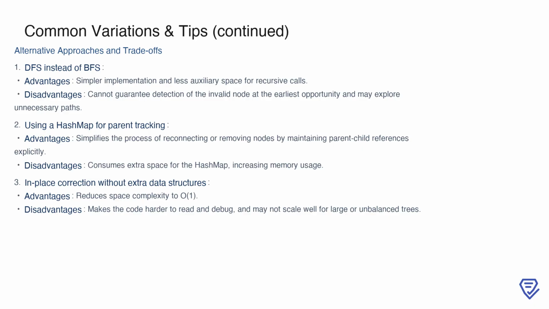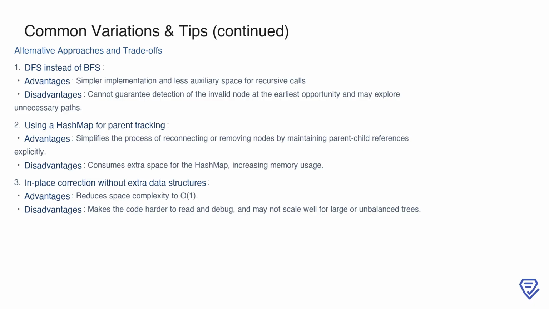Using DFS instead of BFS is one option. The advantage of DFS is that it tends to have a simpler implementation and uses less auxiliary space for recursive calls. However, it's less effective at detecting the invalid node quickly, as DFS may explore unnecessary paths before identifying the issue. Another approach is to use a hash map for parent tracking.